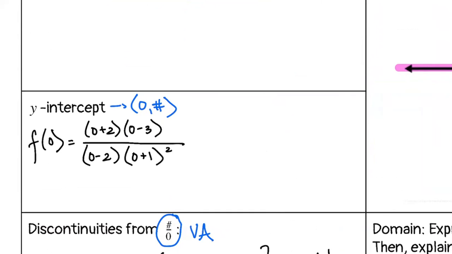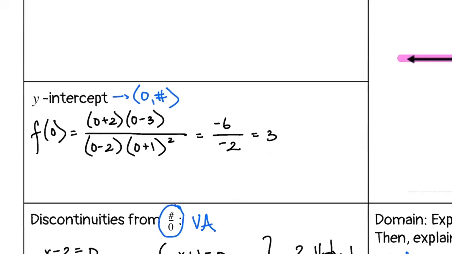All right, so I work through this. I'm going to get a -6 on the top, a -2 on the bottom, and so I get a 3 out. But we know we want to write our final answer as a coordinate, so we'll say that our y-intercept is 0, 3.